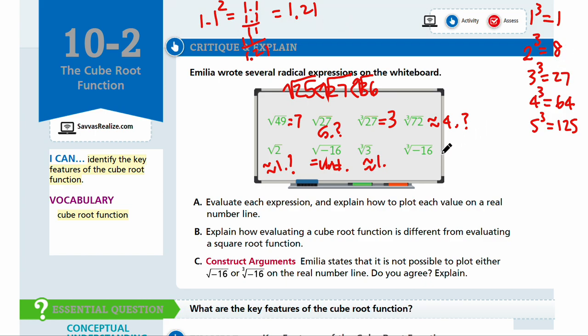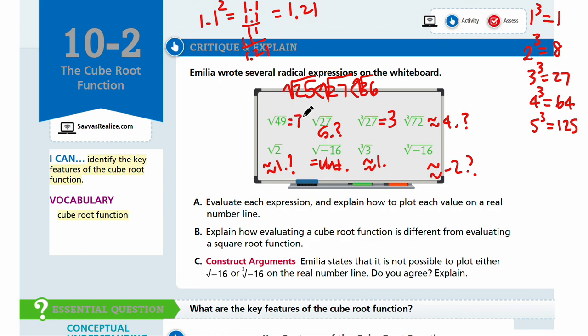So it's closer to 2, so 2.3, 2.4, I guess. Negative 2, it's closer to 2. So it's about -2 point something. Okay, so you can plot each value on a real number line, just like that.